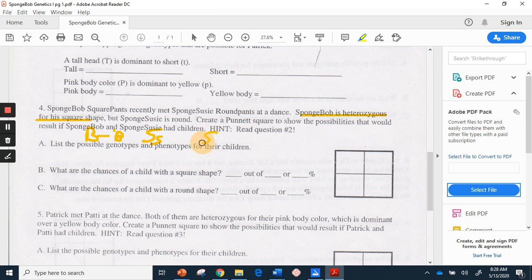Susie was round, so she was 2 little s's. We'll put our male here. Come on, that's a small s.